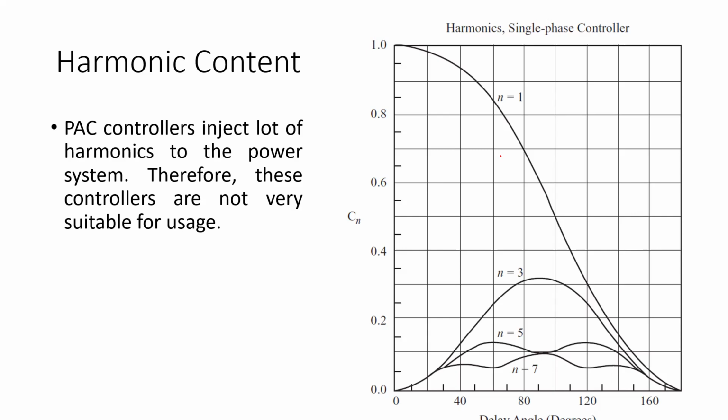Then we have the second harmonic. Usually in three-phase systems, the second harmonic is eliminated. And then we have the third harmonic. The third harmonic is the most important one. If you have a neutral, there will be third harmonic current in the neutral wire, and a higher effect in the neutral.